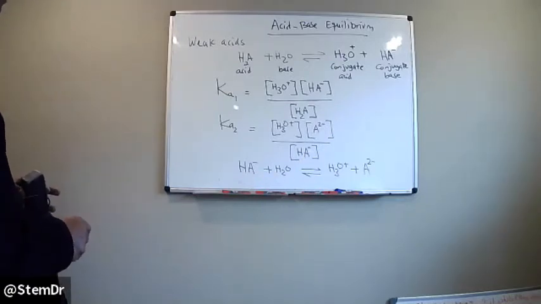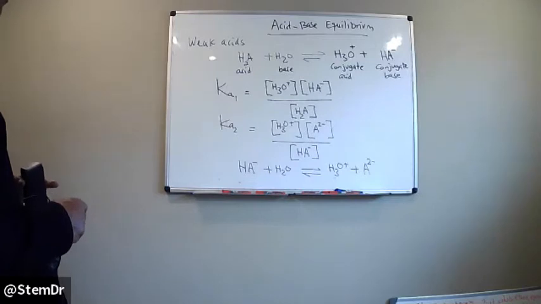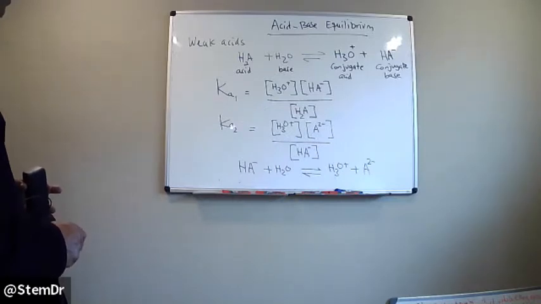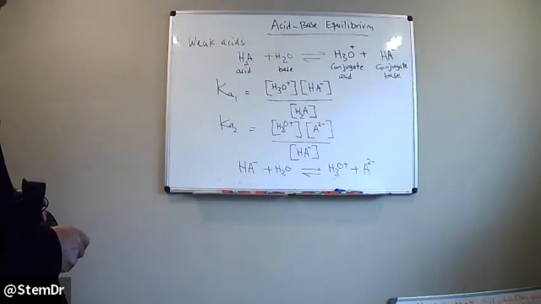So this is a diprotic acid and its dissociation constants. The associated pKa1 and pKa2 are similar to what we have seen for the monoprotic acid.